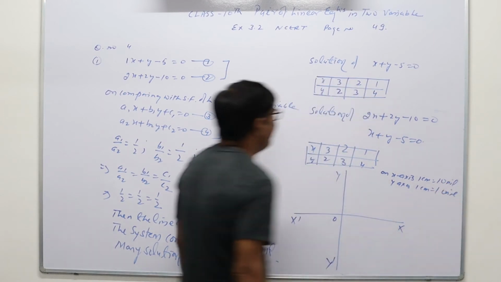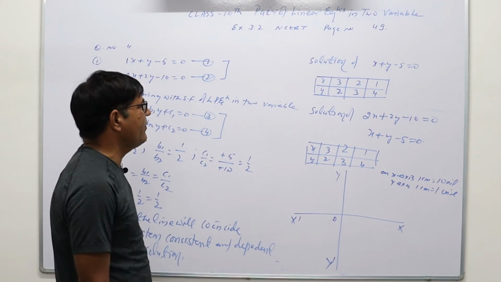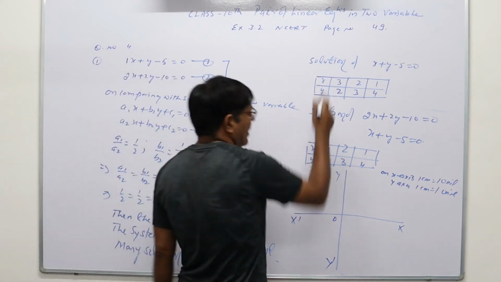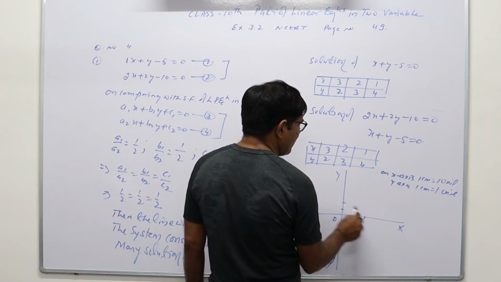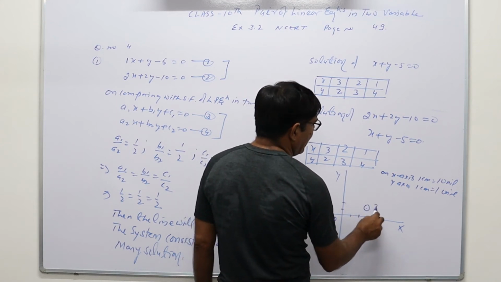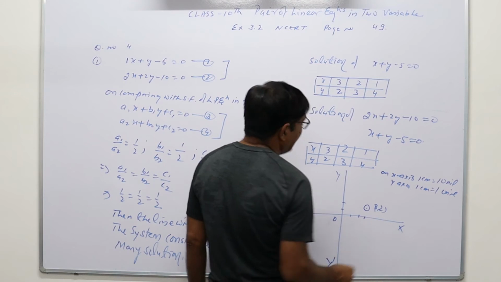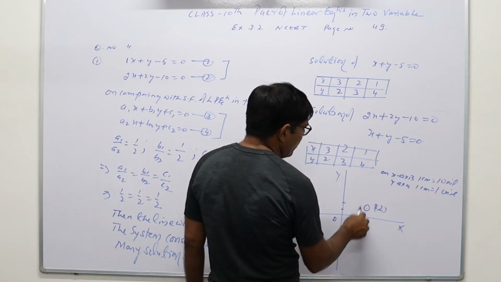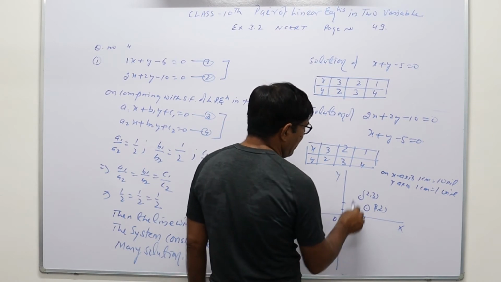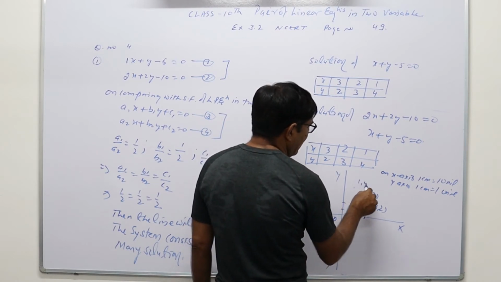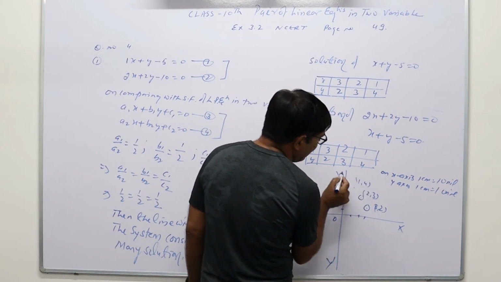Now draw the graph of these two lines. The first point is (3, 2): on the x-axis 3, on the y-axis 2. Then the second point is (2, 3), and then (1, 4). So this is the first equation.